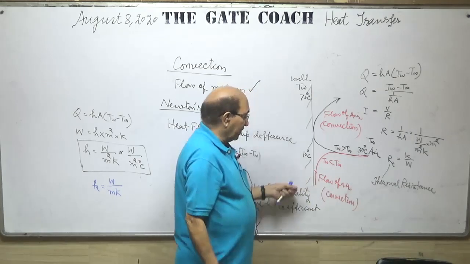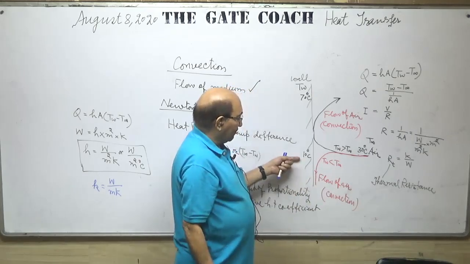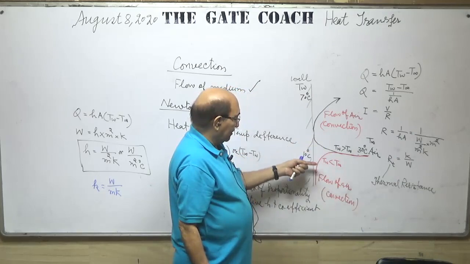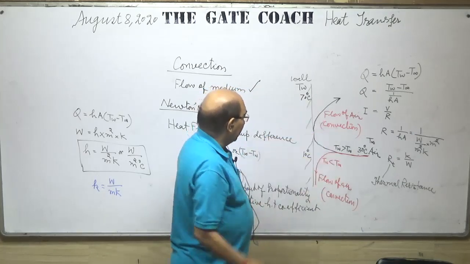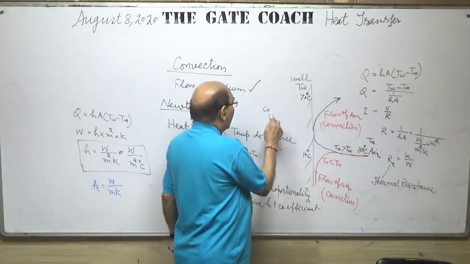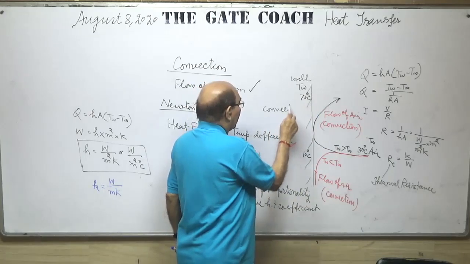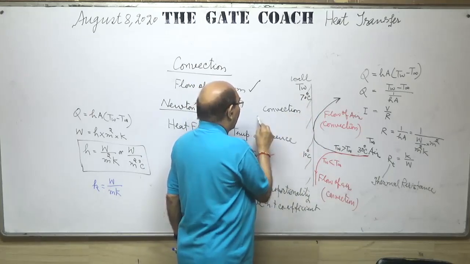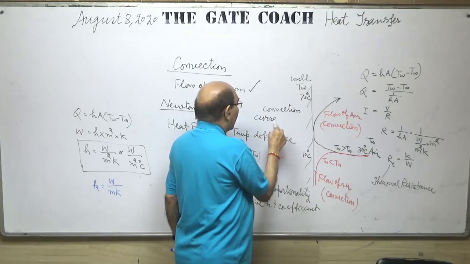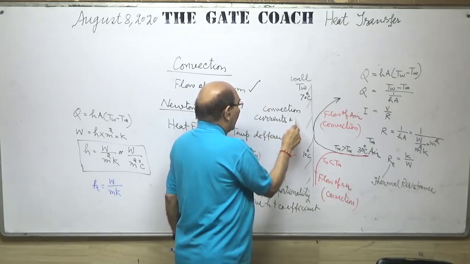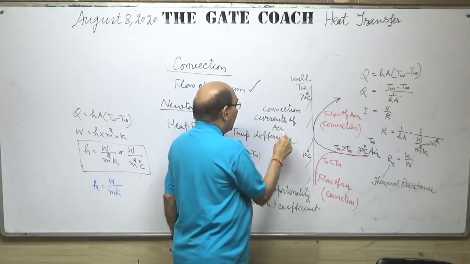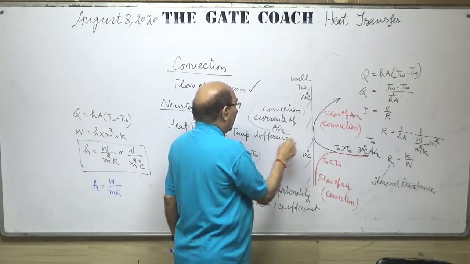So flow of air depending upon the wall and the air temperature, we will say convection currents of air are obtained.